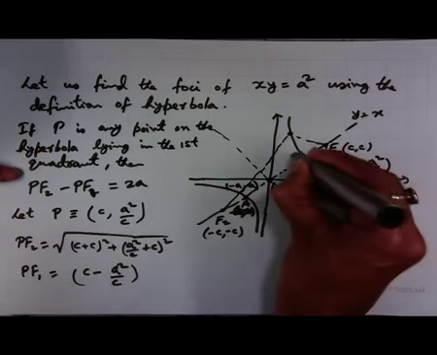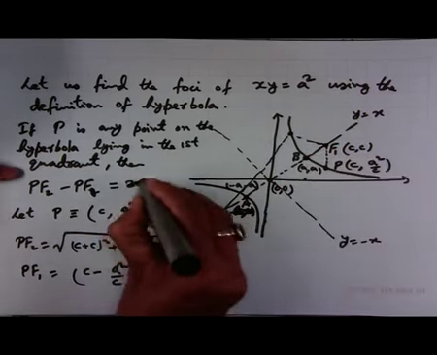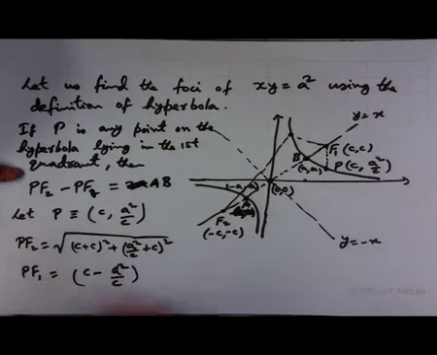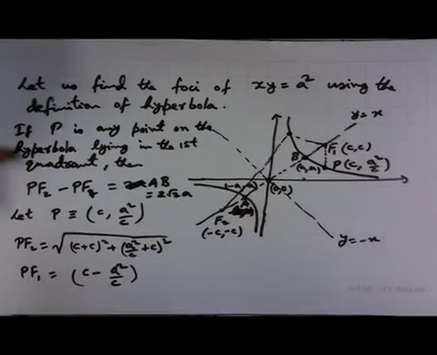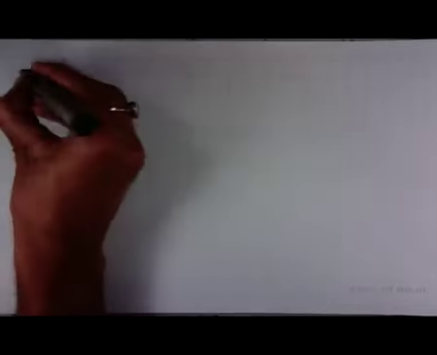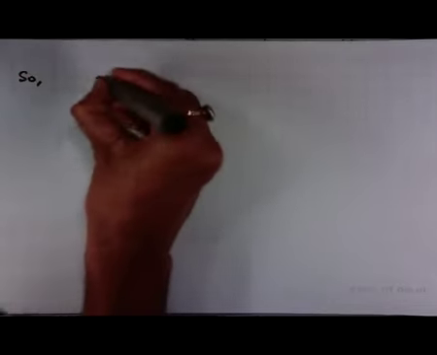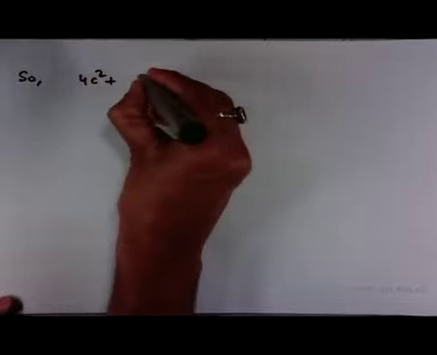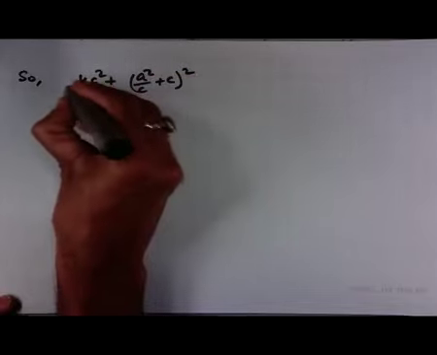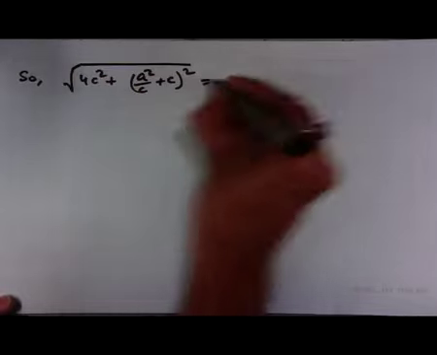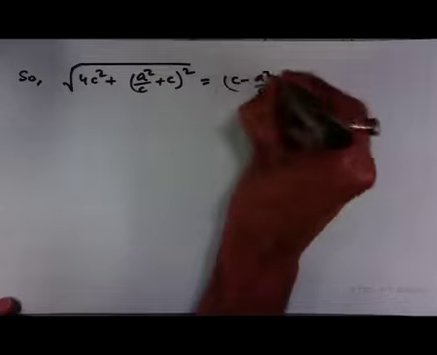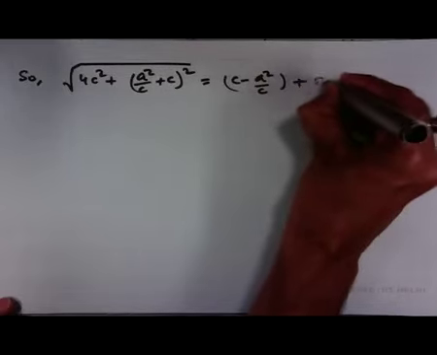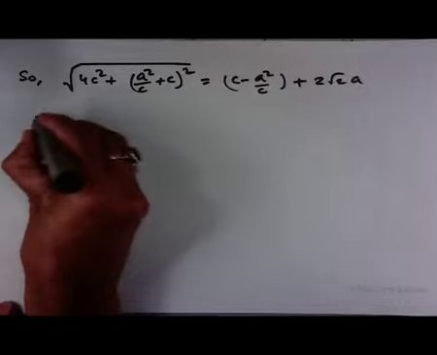If I call these A and B, this is not 2a, this should be equal to AB, which is equal to 2 root 2 a. So, square root of 4 c square plus a square by c plus c whole square equal to c minus a square by c plus 2 root 2 a.